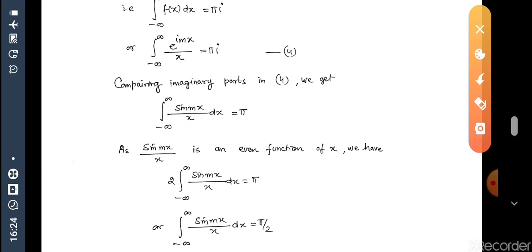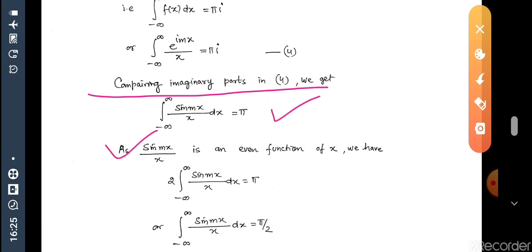On putting the value of the function, we get integral from minus infinity to infinity of e raised to power iota mx upon x equal to pi iota. On comparing the imaginary part in equation 4, we get the integral from minus infinity to infinity of sin mx upon x dx equals pi.